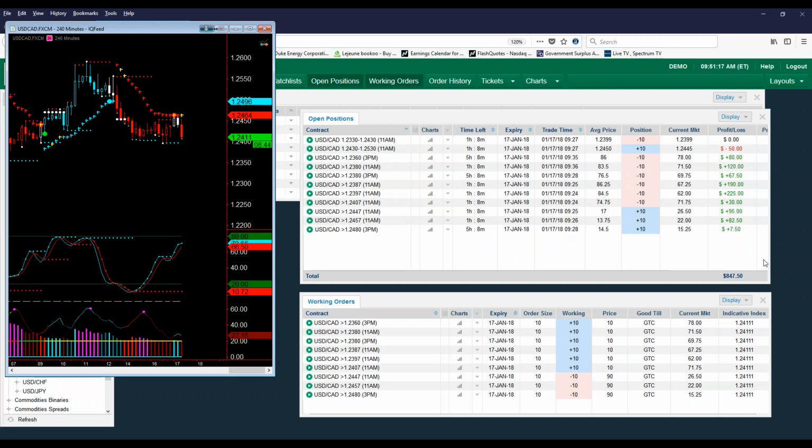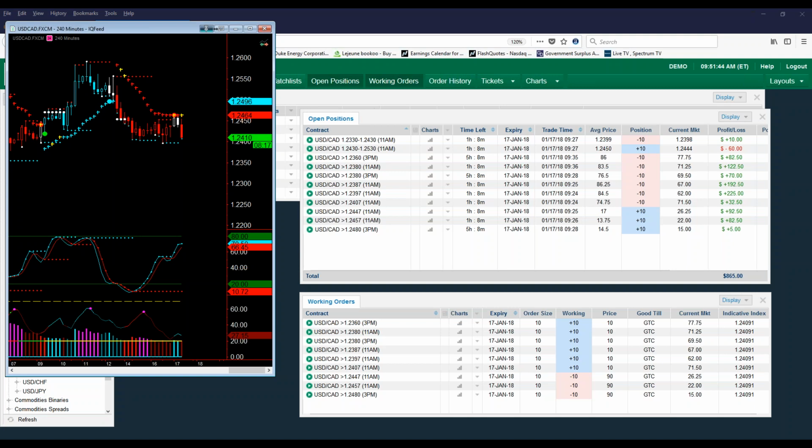And a lot of these for the 11 a.m., you've got time decay working in your favor if the market goes in your direction. And the reason is you're not going to have but 1 hour left.